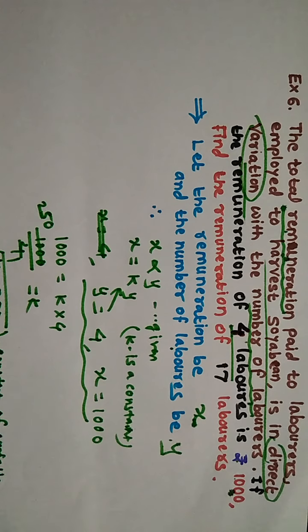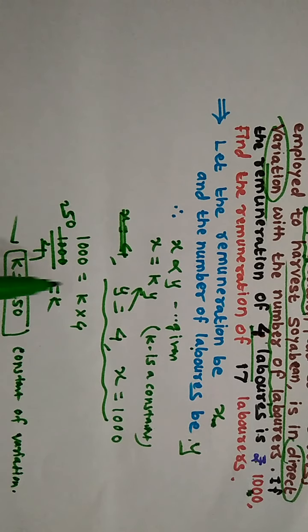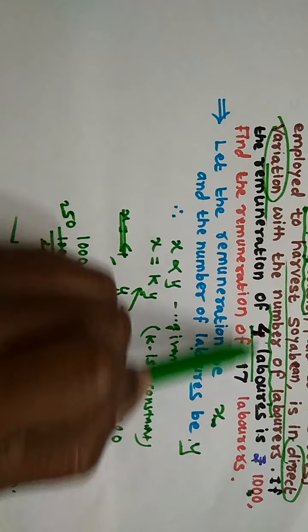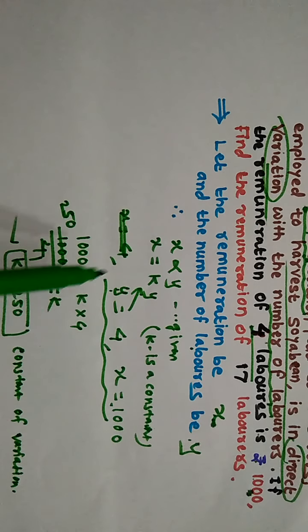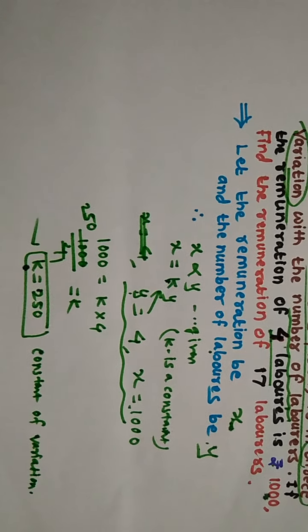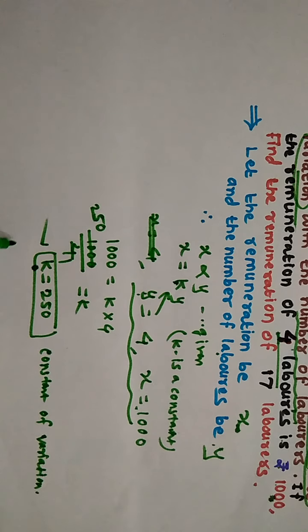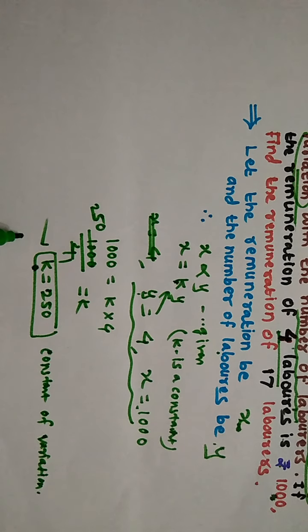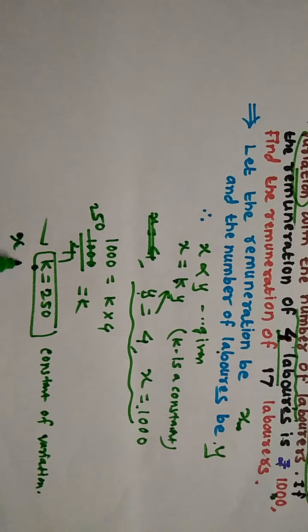Our aim is to first find the constant of variation by taking both values x and y, which are always given in the examples. First find the constant k. Now substitute this k value in the equation, and the equation becomes x is equal to 250 into y.